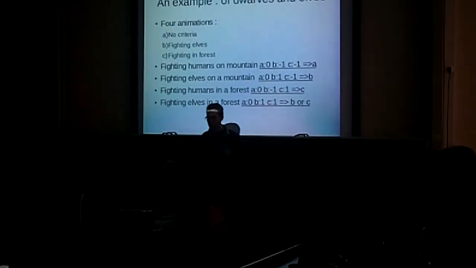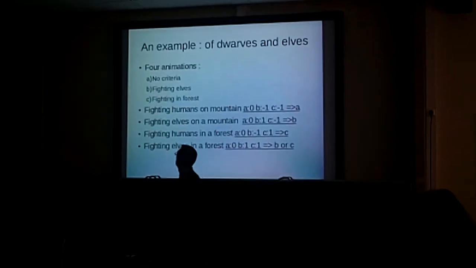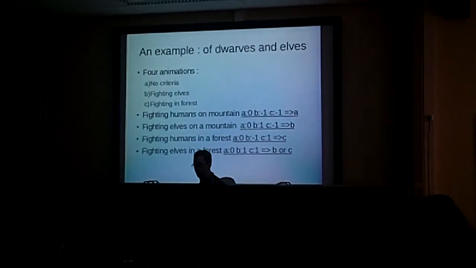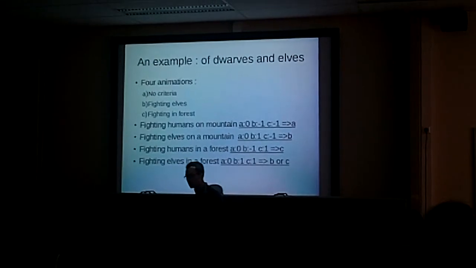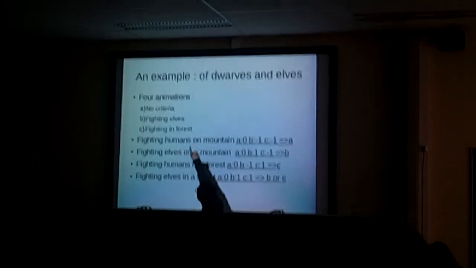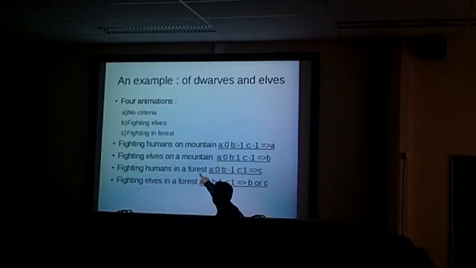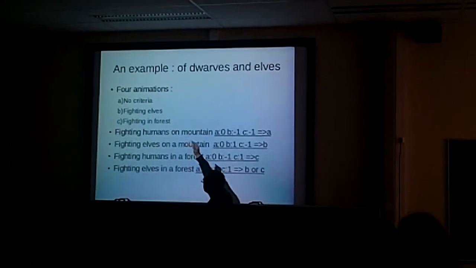So that's an example of what I've just said. If we have 3 animations, A with no criteria, B which is used only when fighting elves, and C which is used only when fighting in forest. So if we are fighting a human on mountain, we're not fighting elves, we're not on forest, so we'll have the first one. If we're fighting elves on mountain, then we're fighting elves.